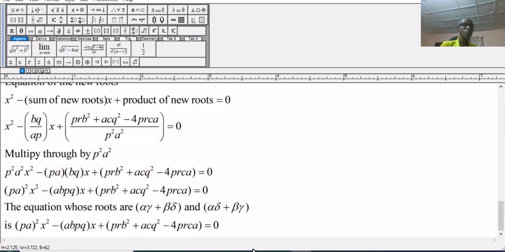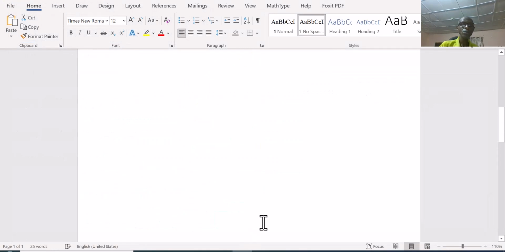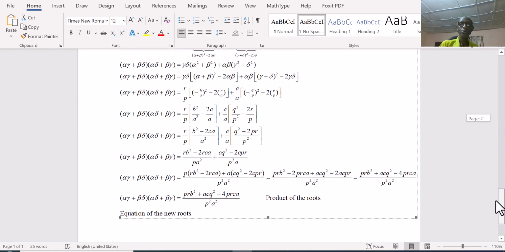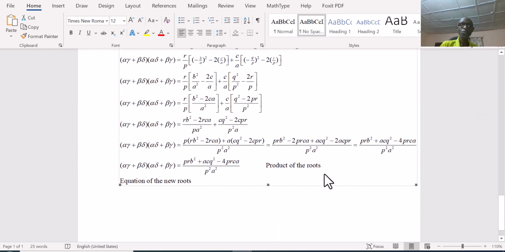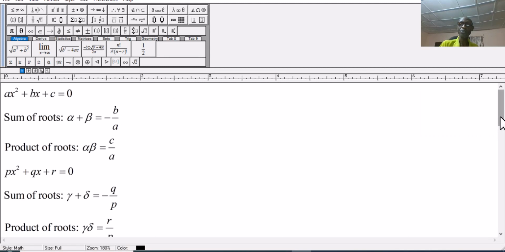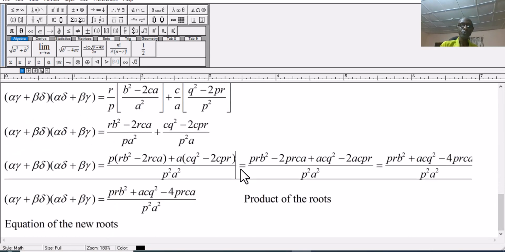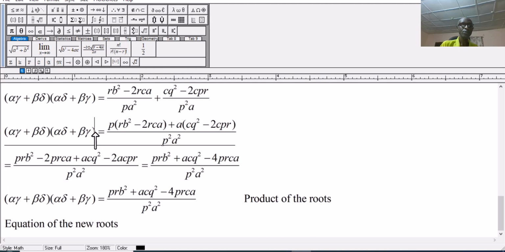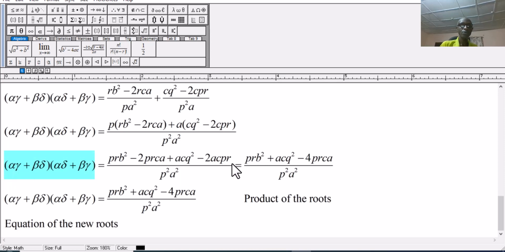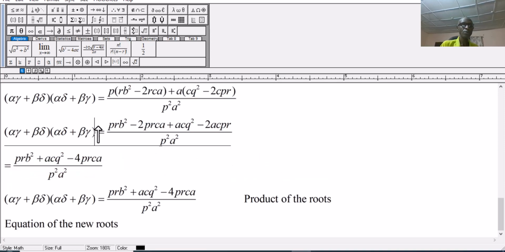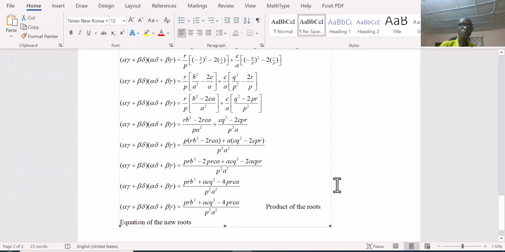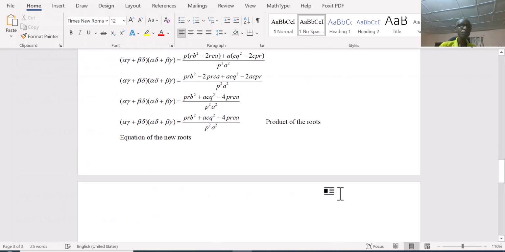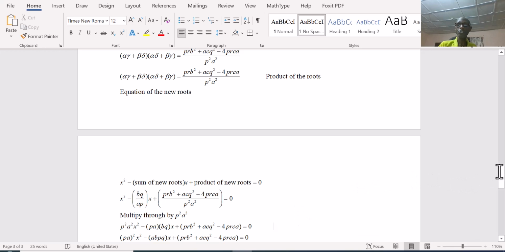Let me copy this, I'm trying to rearrange it properly. So there we go. That's the equation, and that's how to go about it.